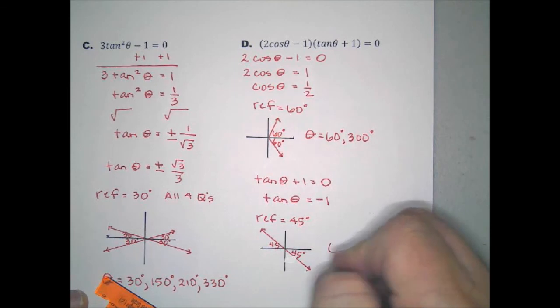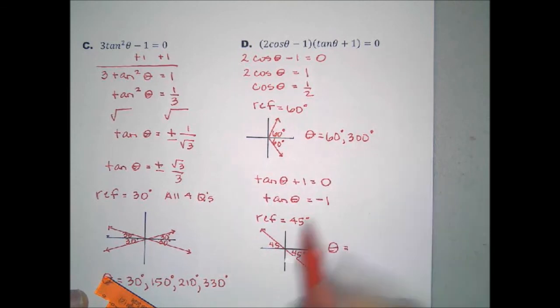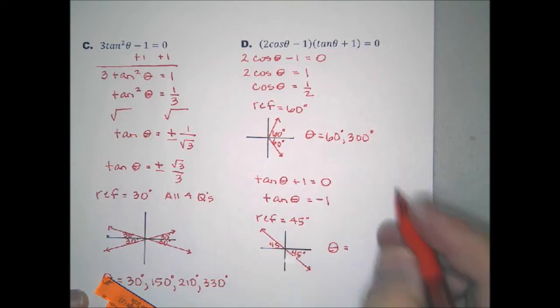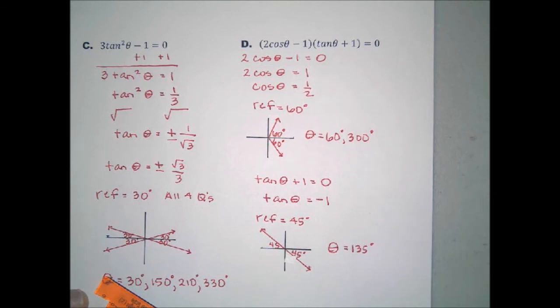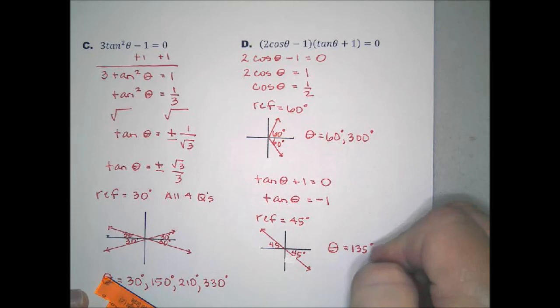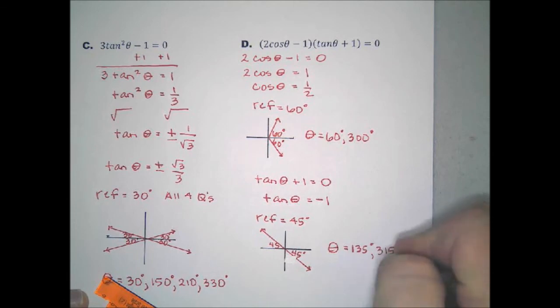So what are those real angles? Well, 180 minus 45 is 135. And the other one, go 360 degrees all the way around, but then come back 45 degrees because you didn't quite make it, and you're at 315 degrees.